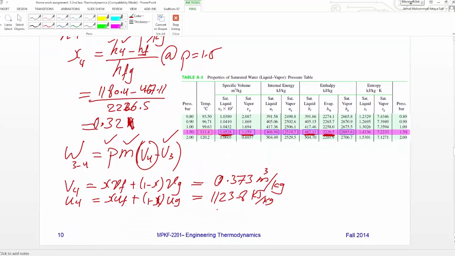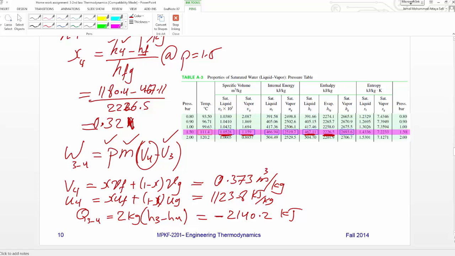And now you can calculate the work. So first you can calculate Q 3 to 4, just 2 kilogram, which is the mass, multiplied by H3 minus H4, and that's going to give you minus 2140.2 kilojoule.